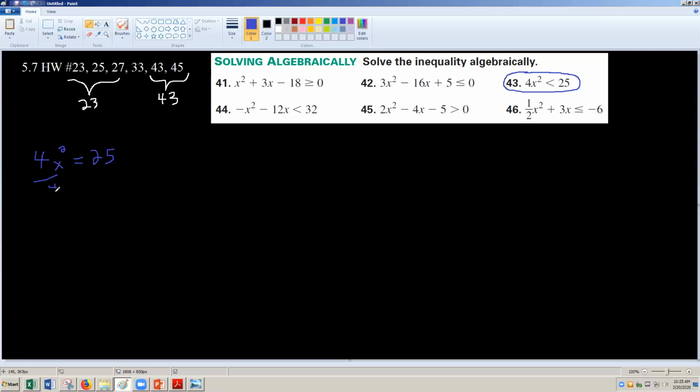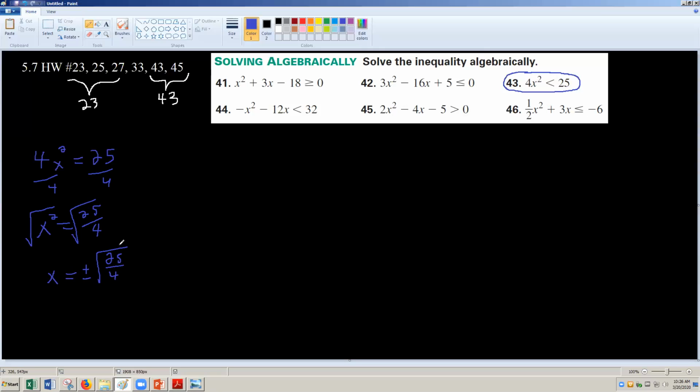So let's divide by 4, divide by 4: x squared equals 25 over 4. Now I'm going to take my square root on both sides. Anytime I take a square root, we're going to have that plus or minus. Here I'm just going to leave it as 25 over 4 for one more moment, then we're going to simplify this.